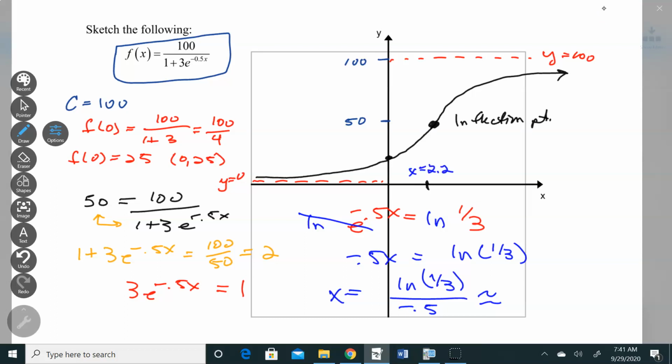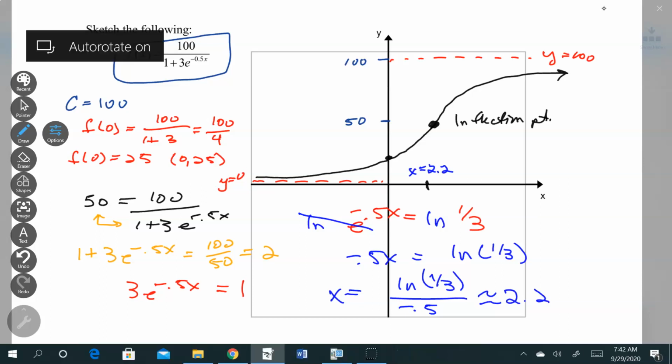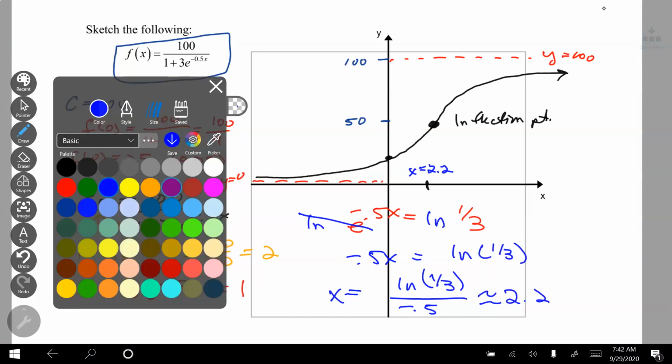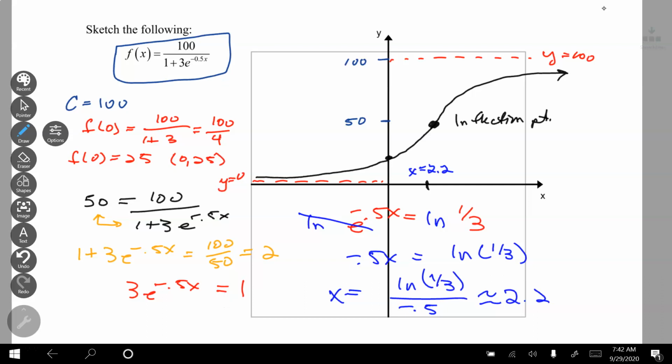Now, if you've been paying attention, maybe you're going to see some trends here. And the trend is that, let me grab a different color, this x value was equal to the natural log of 1 over the a value divided by that negative k value, the number in front of the x.